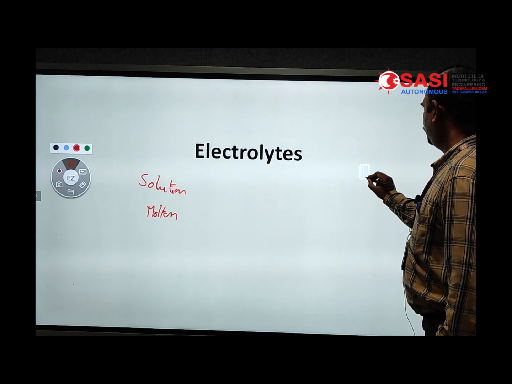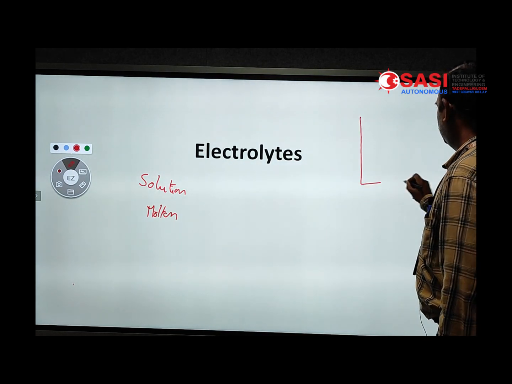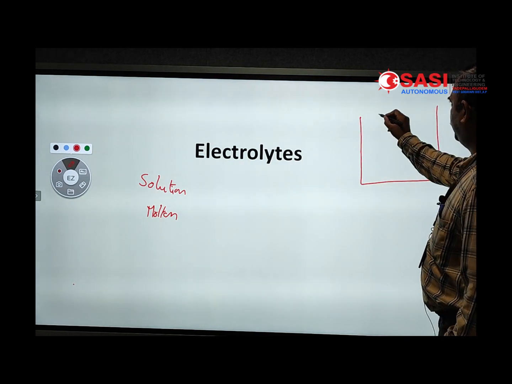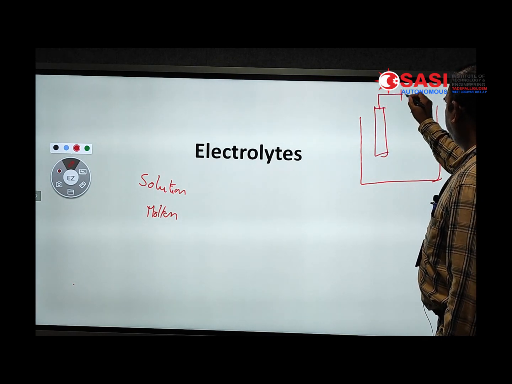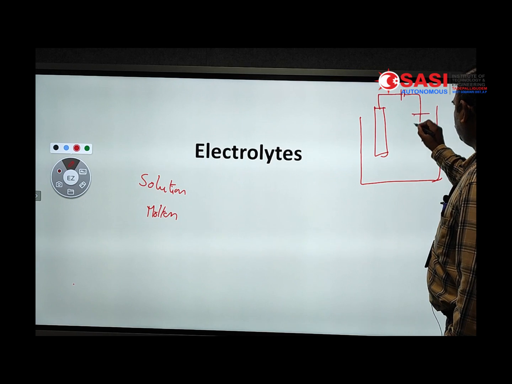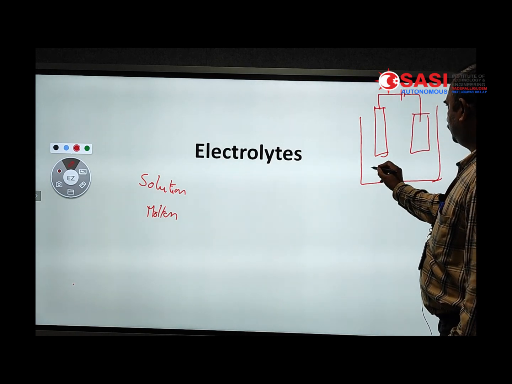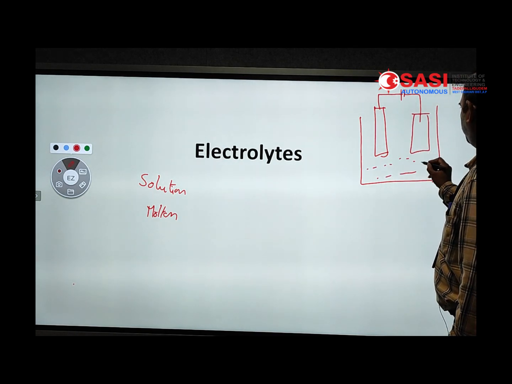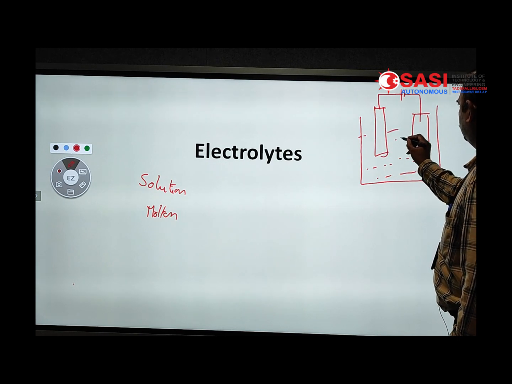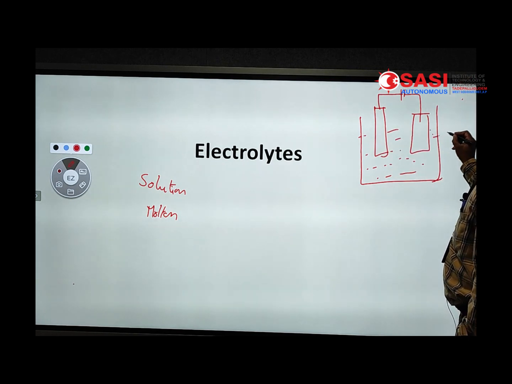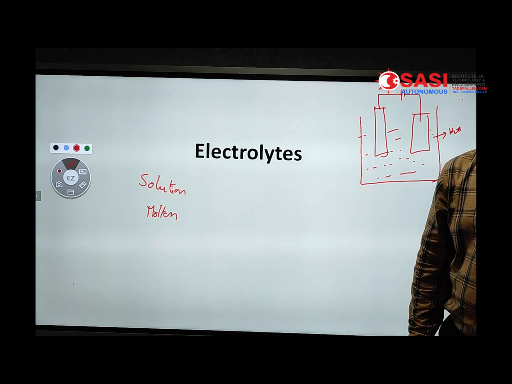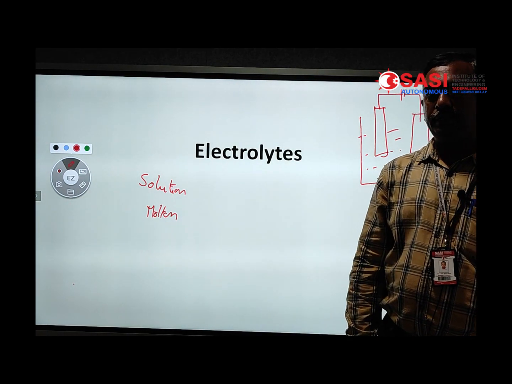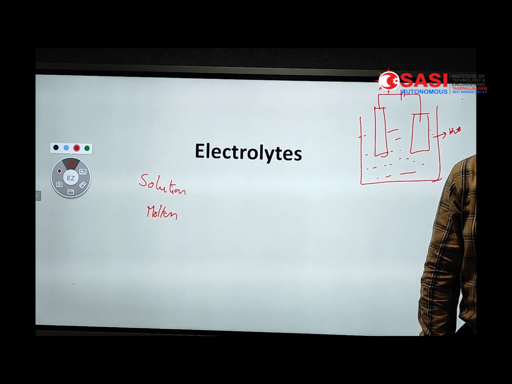For example, if you take pure water in a container and place two electrodes and pass some electricity, does it conduct electricity? If you take only water, there is no flow of electrons, means there are no ions and no charge carriers, hence it will not conduct electricity.